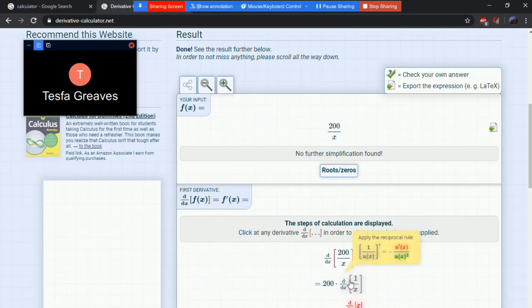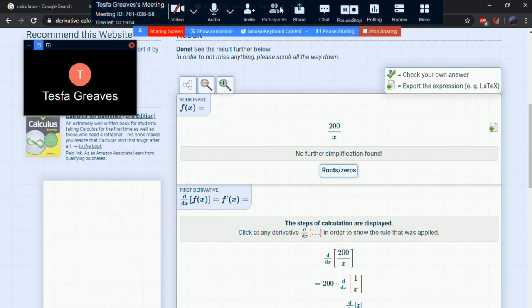But this is probably the part that is most confusing if you looked at a derivative calculator. If you understand the concept that the x on the bottom, or x to the negative 1 power, is displayed as 1 over x, then you'll be able to figure out the derivative very easily. So let me show you how it looks like really fast for those that didn't catch it.